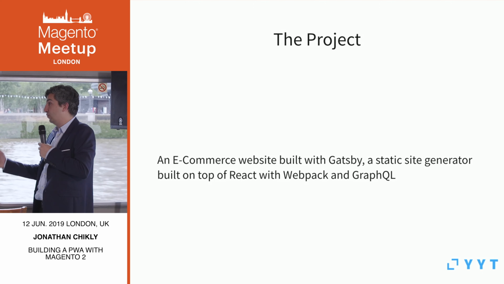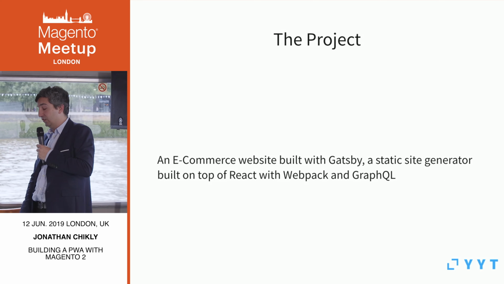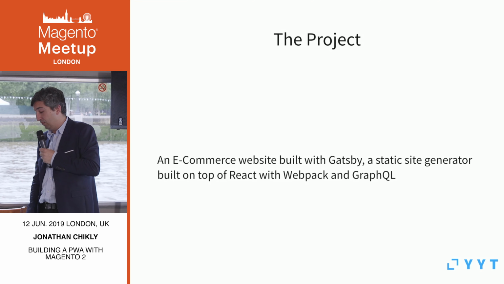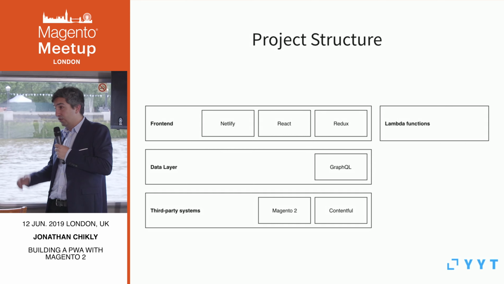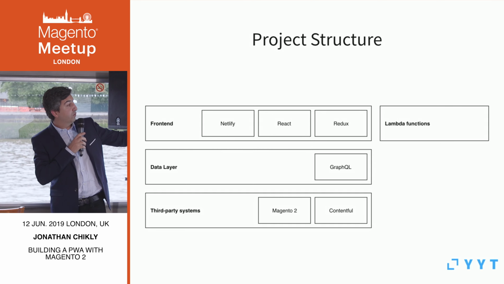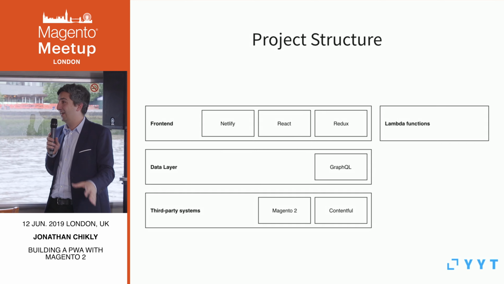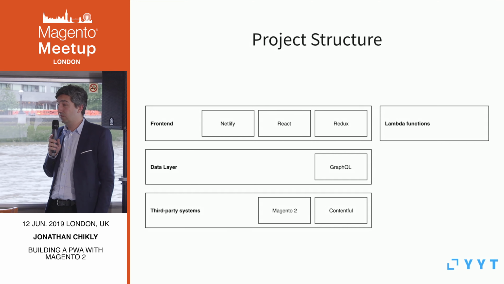It's built on top of React, and we're also more comfortable using React, with a more personal choice of Webpack and GraphQL. So this is the project structure. On the front end, we hosted the website on Netlify, which is static site hosting. We have React and Redux on the front end side.